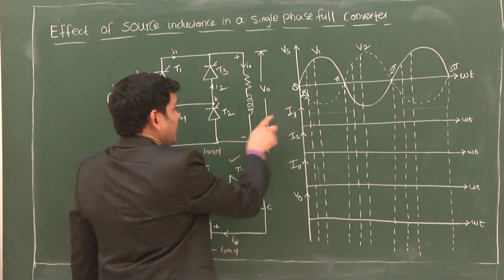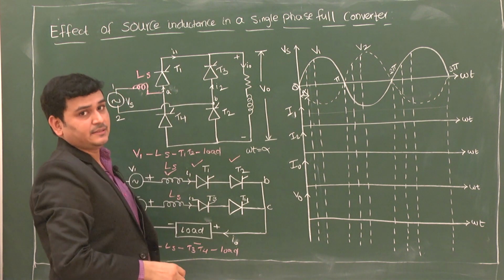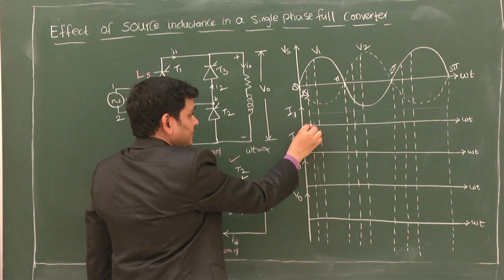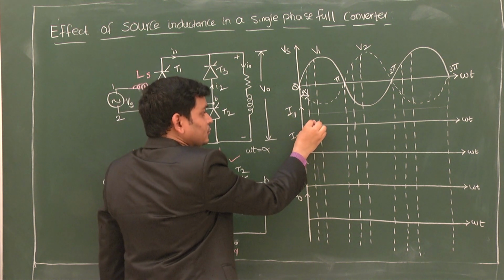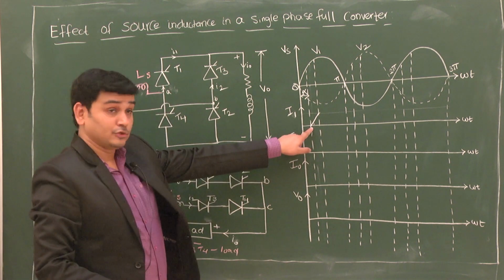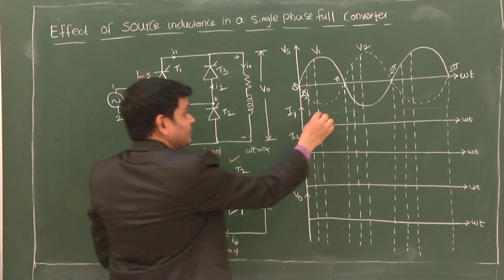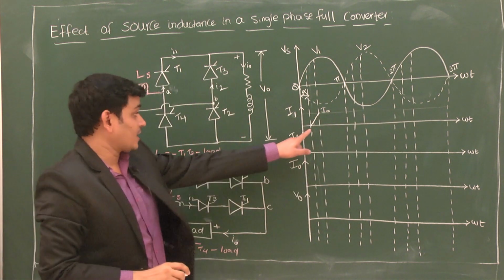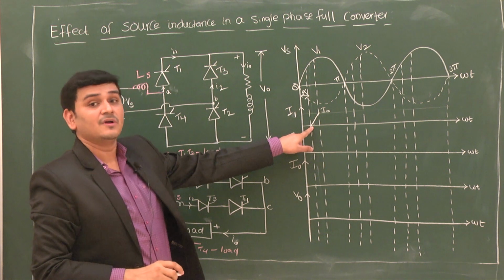So what happens is, when T1 and T2 are conducting, the current in T1 and T2 slowly starts increasing from 0 to I0. It starts increasing from the initial value to I0.